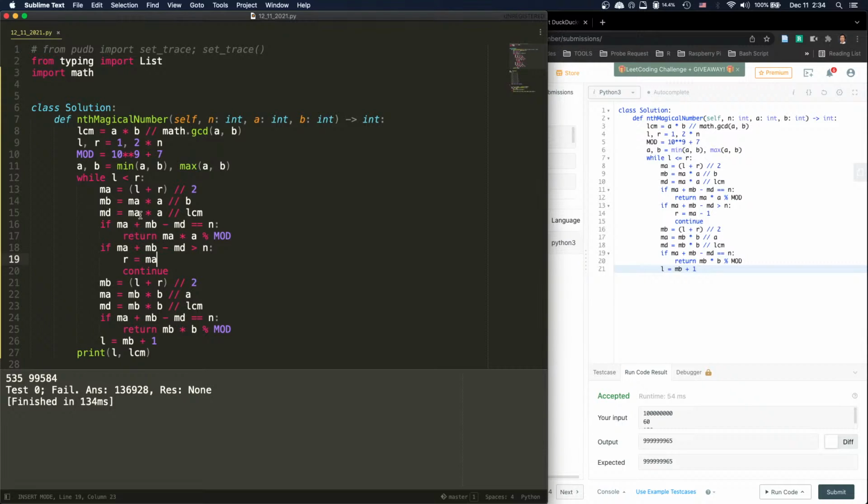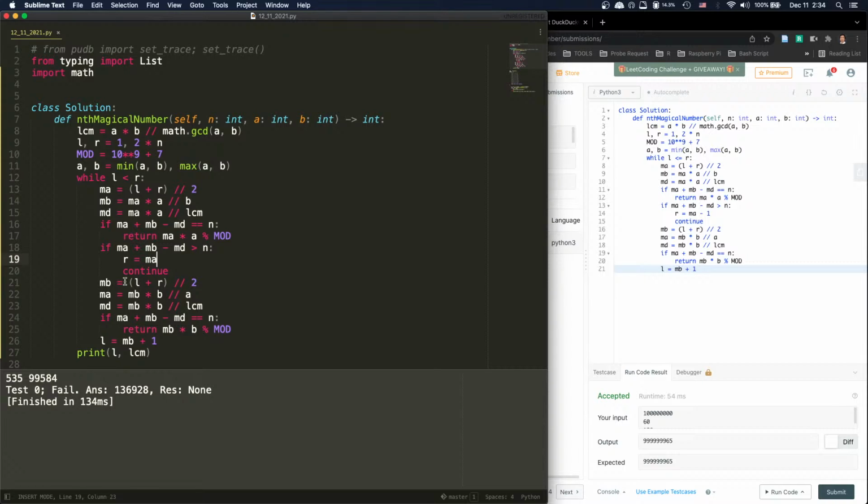And then 534 is too small. And then we do this as MB, and MB is too big, right? When MB is too big, this one is too big.